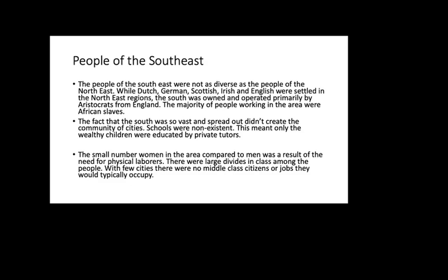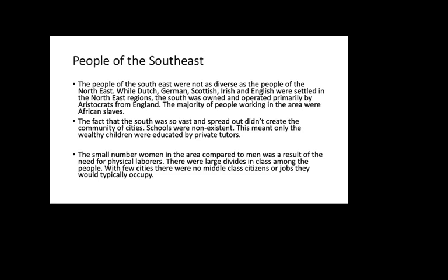So there wasn't much diversity. Englishmen and African slaves. And the African slaves actually outnumbered the English plantation owners, which would become an issue later on when we talk about the Civil War.